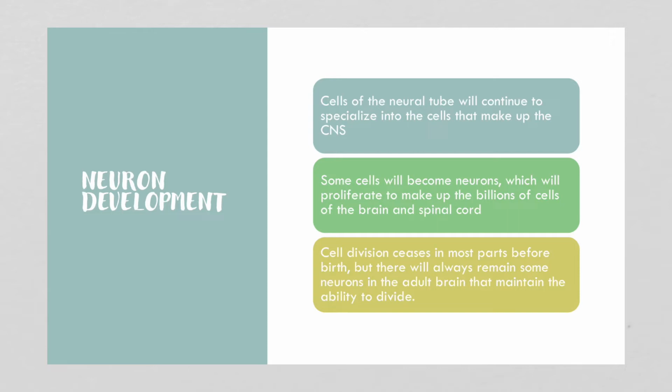And then cell division will stop in most of those parts before birth, but there always will remain some neurons in an adult brain that do maintain the ability to divide. So this is newer knowledge than before. It used to be thought that once you develop your neurons in childhood, you can't create more, but that's not true. There are still some cells that maintain that ability to divide.